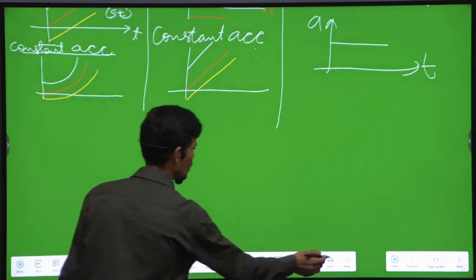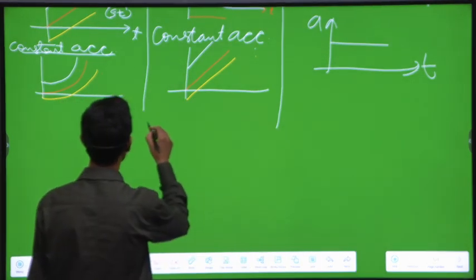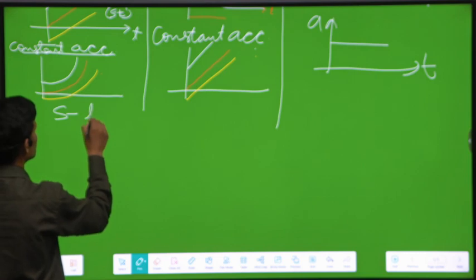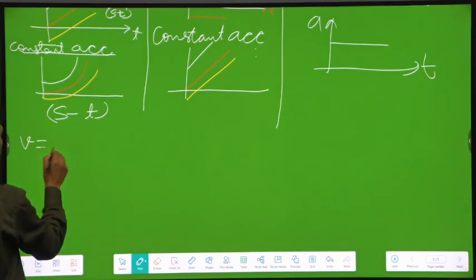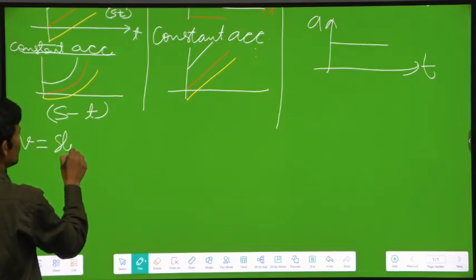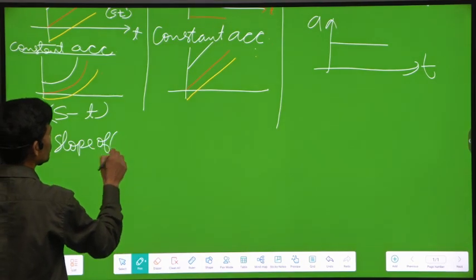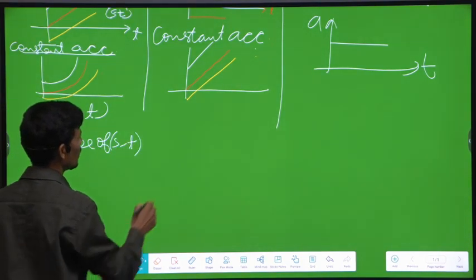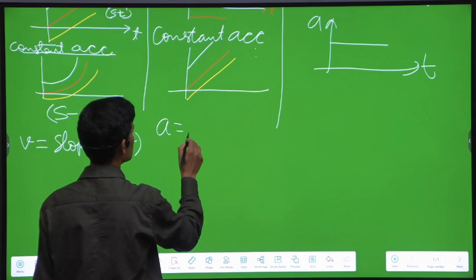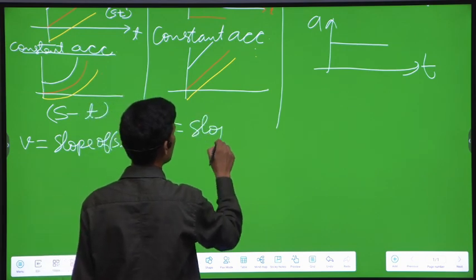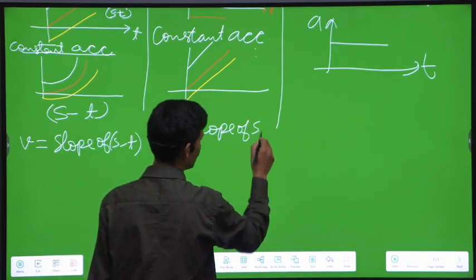For the ST graph, velocity is equal to the slope of the ST graph, and here acceleration is equal to the slope of the VT graph.